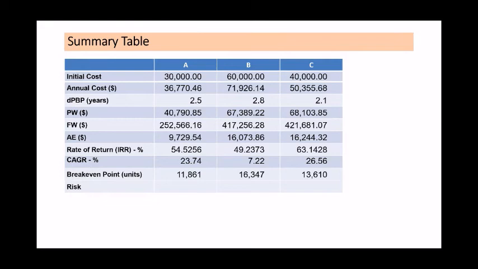Okay, for Faisal, he said he is proposing alternative A. But for Abdurrahman, alternative C, there are indicators that don't favor C. Like for example, annual cost. For annual cost, it is not C, but it is A. For payback period, yes, it is.